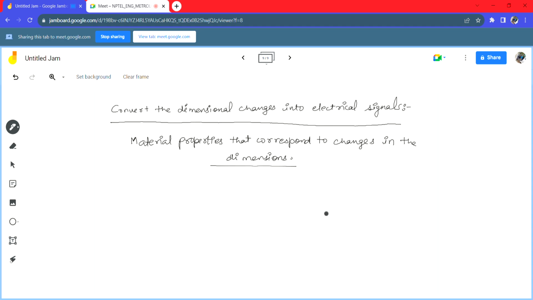And a very well-known property of such type is the resistance of the material. How?